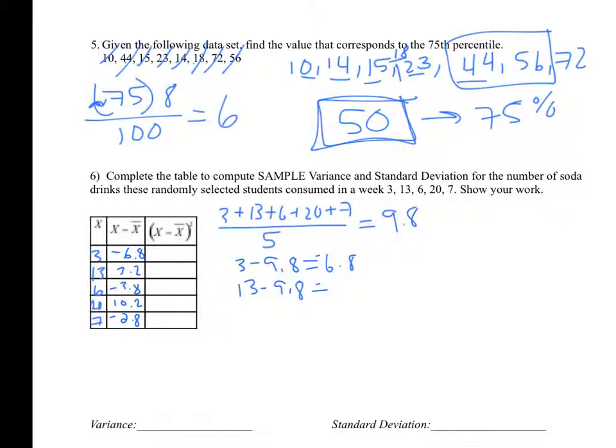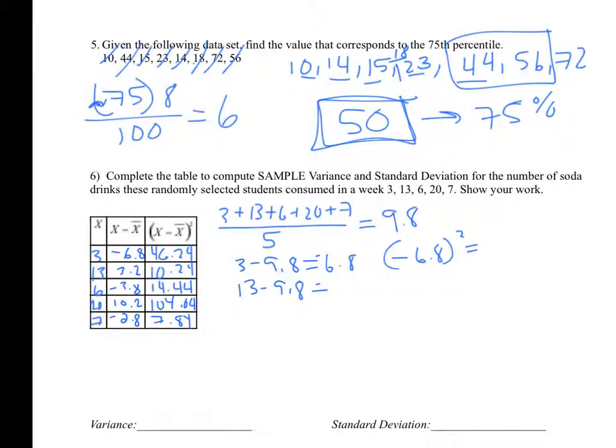And then you square each one of these numbers. So, negative 6.8 squared is 46.24. 3.2 squared is 10.24.